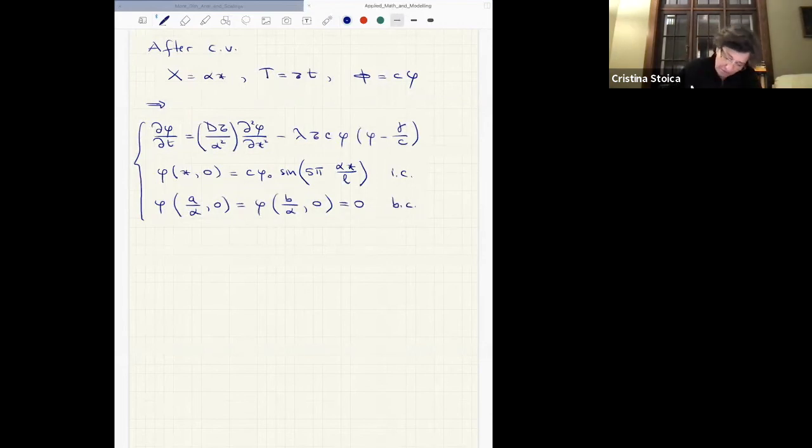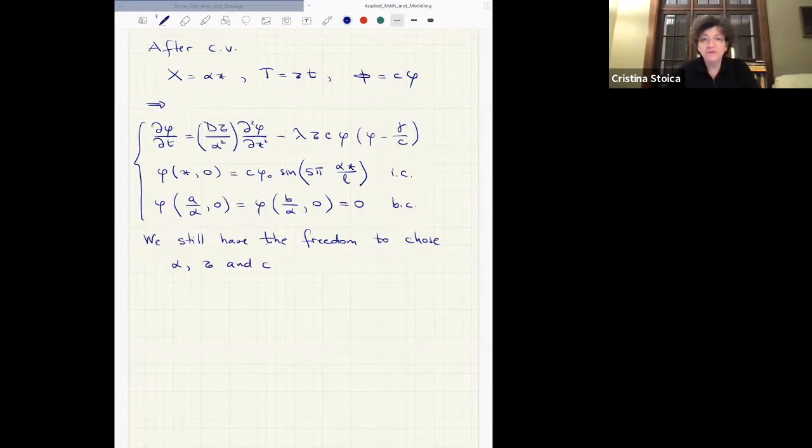So we still have the freedom to choose alpha, tau, and c. And how we're going to choose them is, I repeat, to simplify this stuff as much as possible.